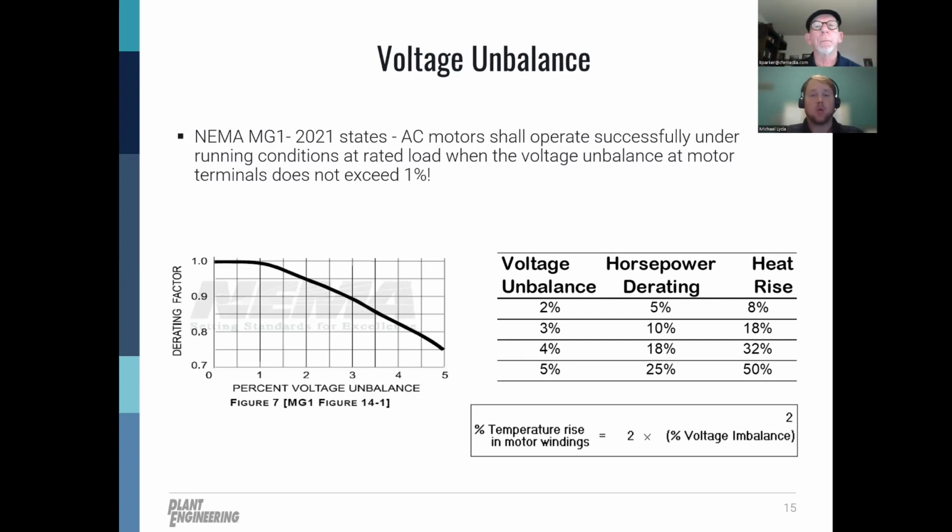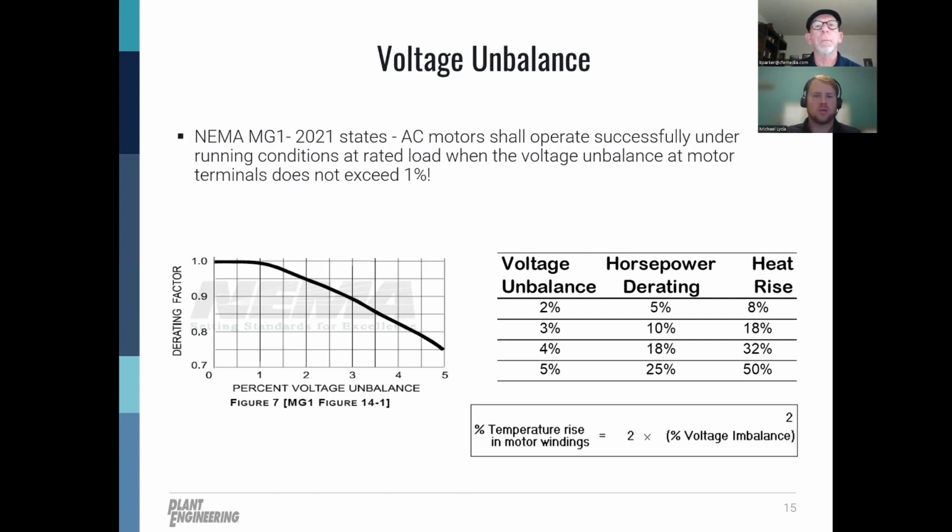Voltage imbalance isn't the only thing that causes current imbalance. So another thing you could check, if you use your ammeter and see some unbalanced currents, is to verify your winding resistance.